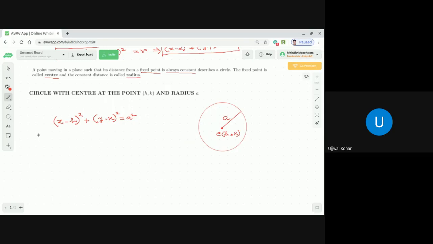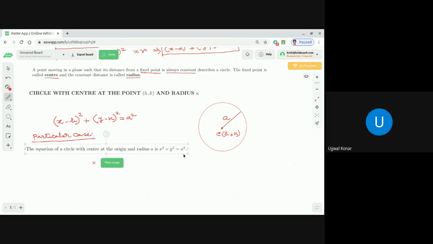This is a particular case, and in this case the equation of the circle with center at origin and radius a should be something like this: x square plus y square equal to a square.